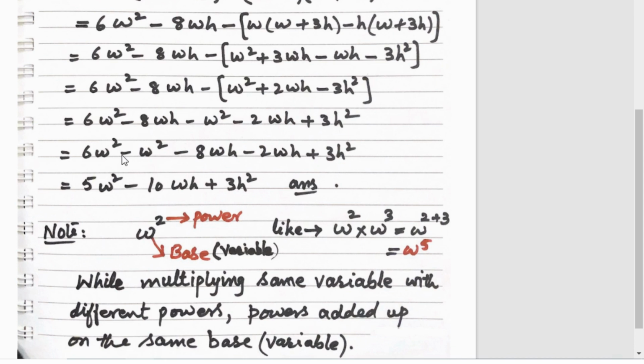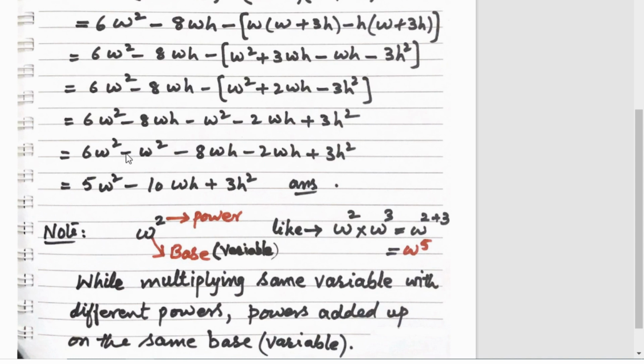Now, if you write down these terms in a rough column, what is the coefficient of minus W square? 1. This is minus 1, this is minus 8. First of all, we will add the first two terms. There's no sign with the starting term, so it means there's a plus sign. 6W square minus 1W square means subtraction.